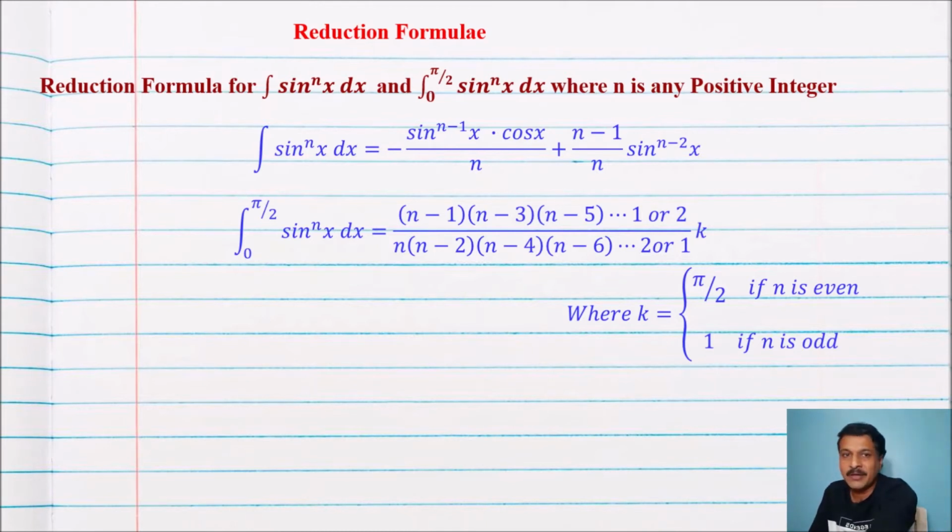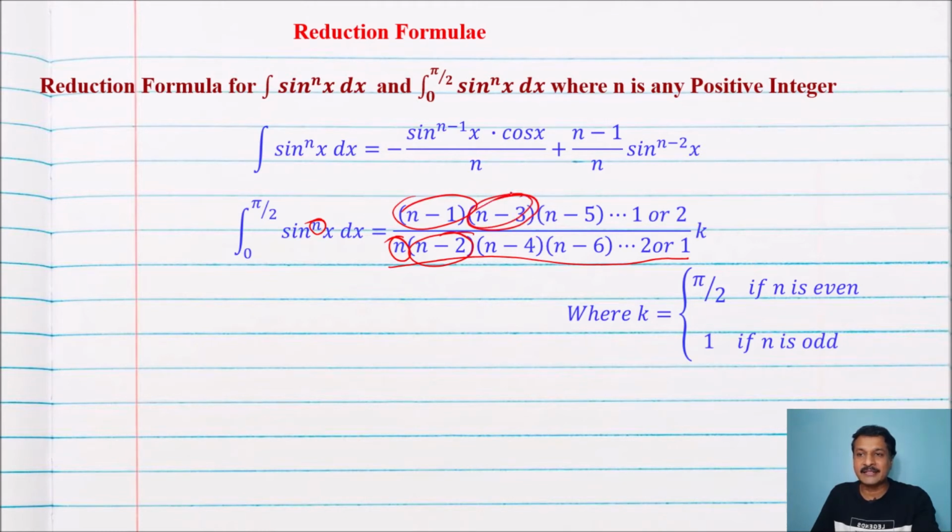So what is this formula? Let's see, very interesting there. Here power is n. So these are the numbers. Note that these are the numbers. So n minus 1, then n minus 2, then n minus 3, then n minus 4, then n minus 5. So you can observe here the first, whatever the power, you have to write the first number of denominator and then n minus 1 is the first number of numerator.